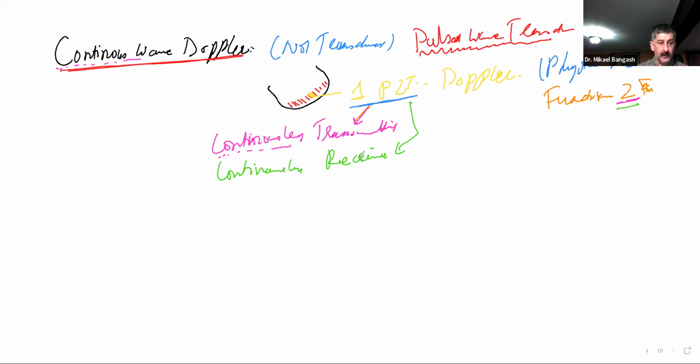Due to this continuous transmitting and continuous receiving, the phenomenon that we talk about here is a continuous wave Doppler. Because what this continuously transmitted wave and continuously received wave provide us with is the Doppler. And what was the Doppler?